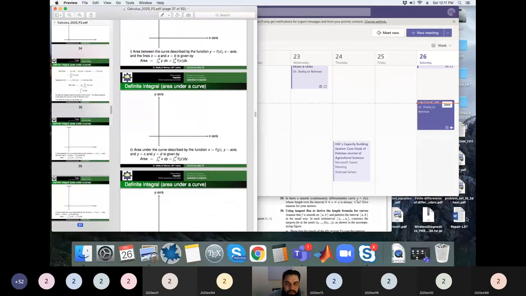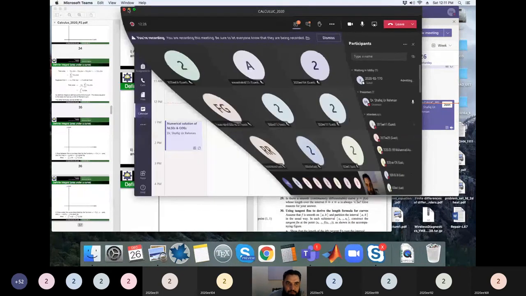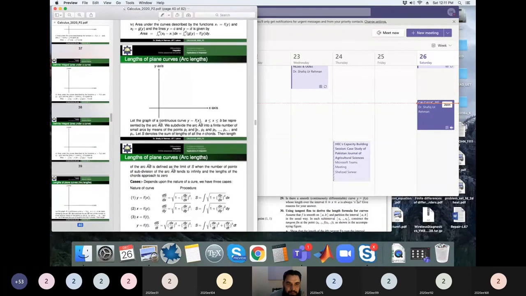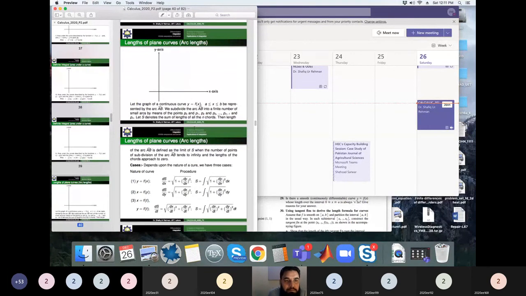Today, we are going to extend our journey to talk about a few applications. One of the prominent applications of integration is to find arc lengths of plane curves.